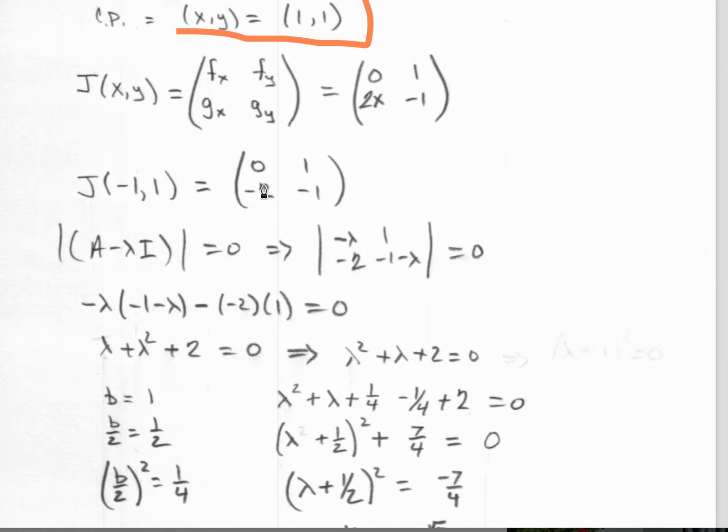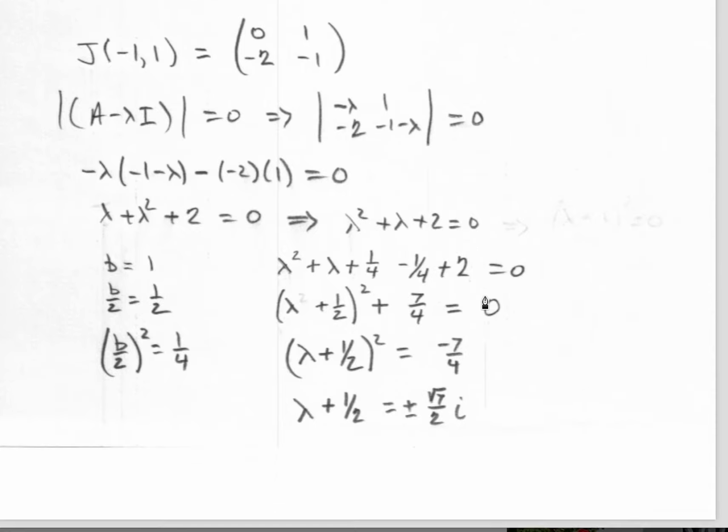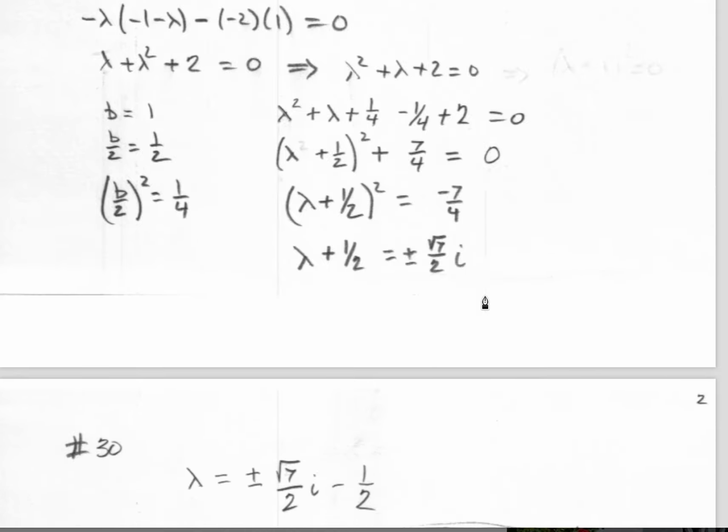So I get minus lambda, 1, minus 2, minus 1 minus lambda. Take its determinant, set it equal to 0. And when I do that, I end up getting lambda squared plus lambda plus 2 equals 0. And then I completed the square to solve this. You could complete the square, or you could use the quadratic formula. I'm pretty sure it's not easily factorable.